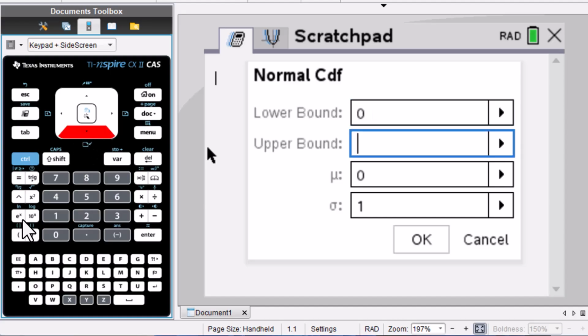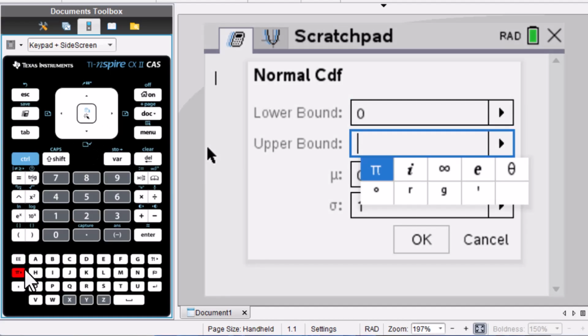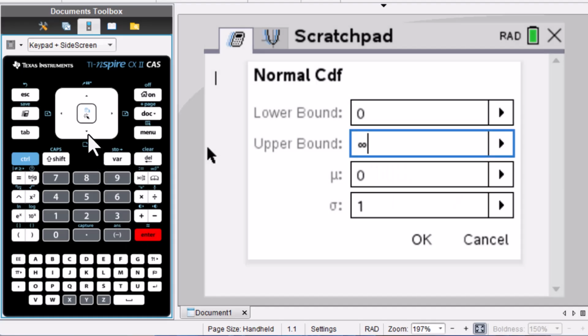Upper bound is infinity. Mean is negative 30. Standard deviation is square root 115.26.